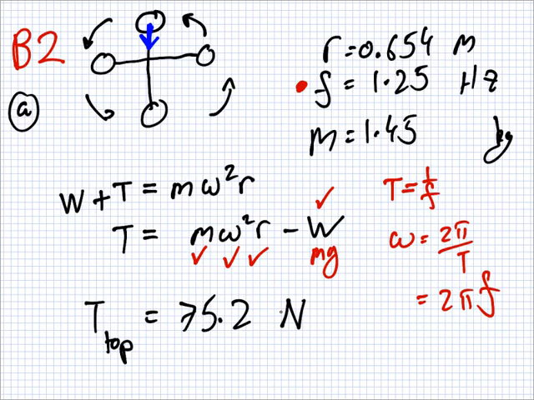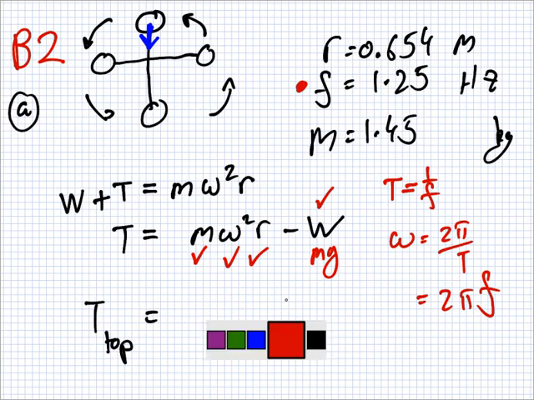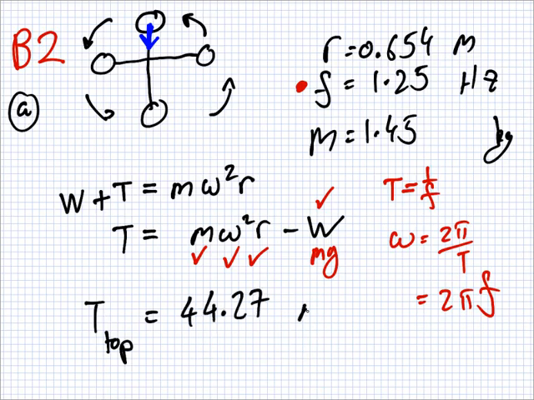The formula is right. Oh wait, hang on. Yes, I mistyped my radius, this is the problem. 44.27? Yeah. Great. I just mistyped it, that's all.